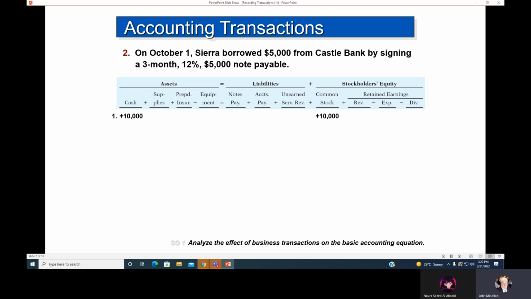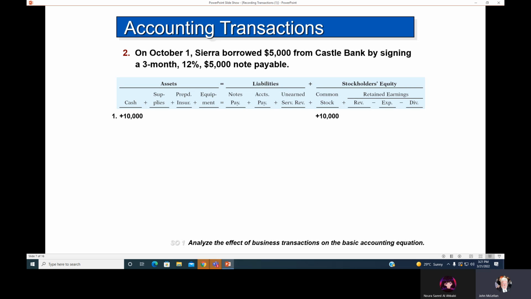On October 1st, Sierra borrowed $5,000 from Castle Bank by signing a 3-month, 12%, $5,000 note payable. Is this a transaction? Yes. If it is, then it affected two accounts. Which two accounts? Cash and notes payable.